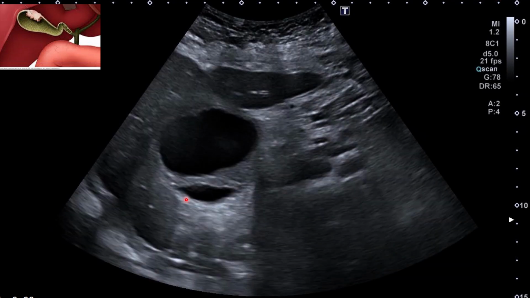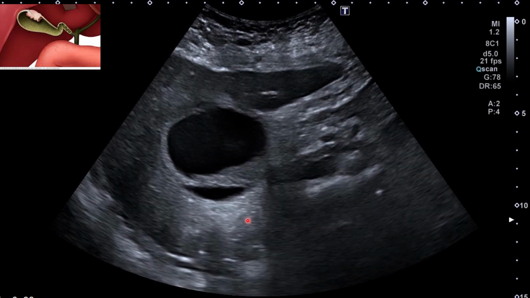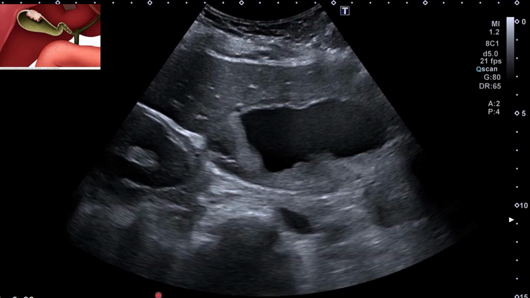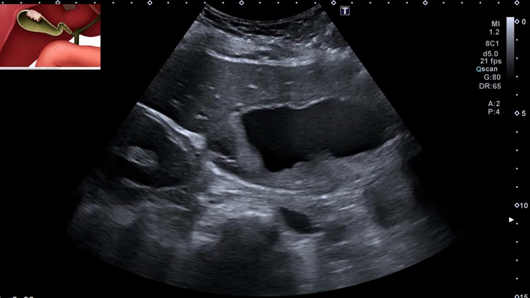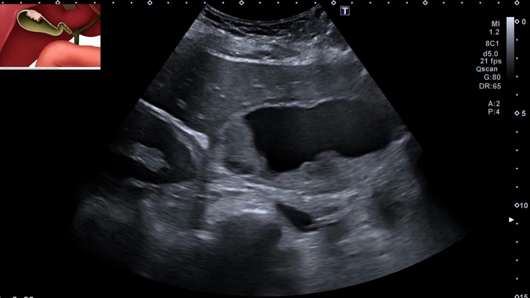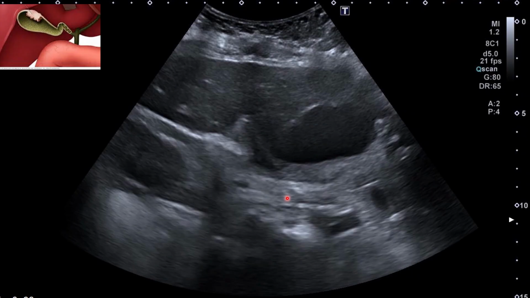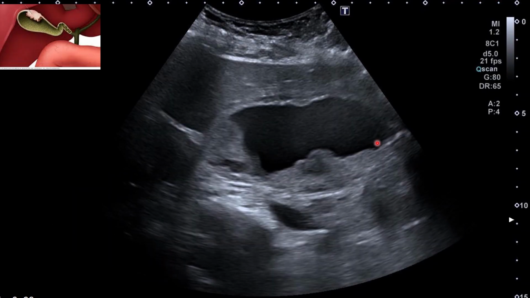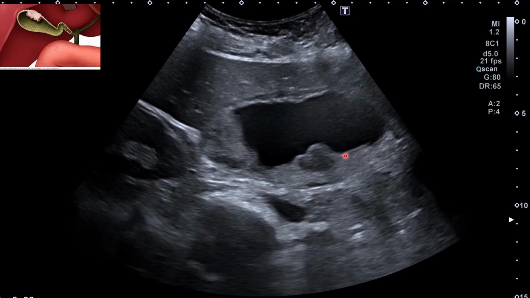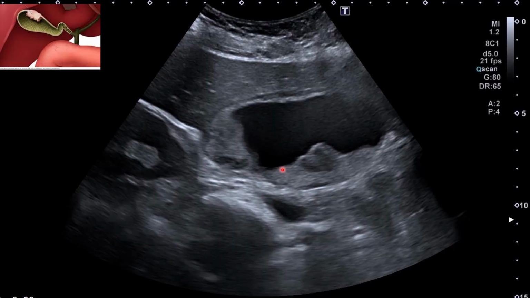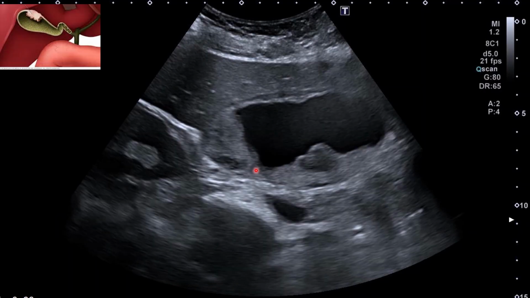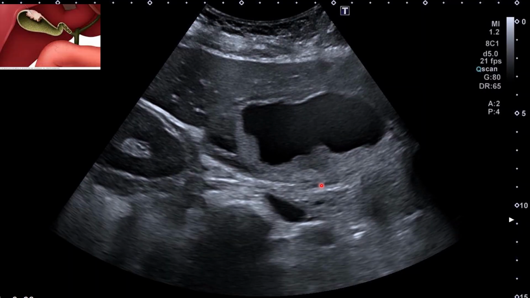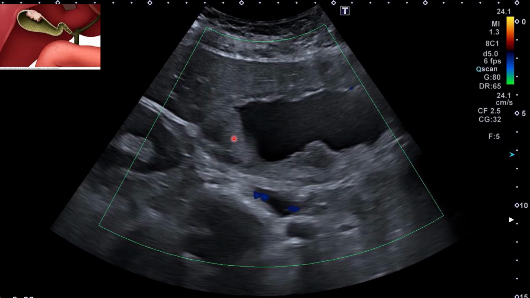Because there's no color flow, it's very difficult to say that it's cancerous. It's also very difficult to say that it's not cancer, because you can see how it is originating from the wall of the gallbladder, as you can see there.